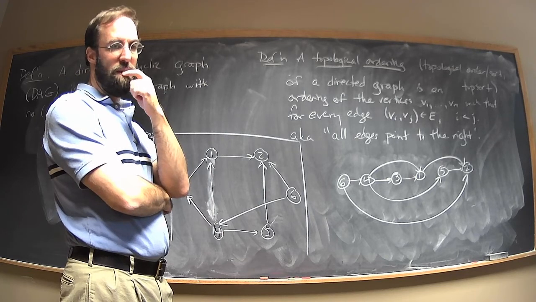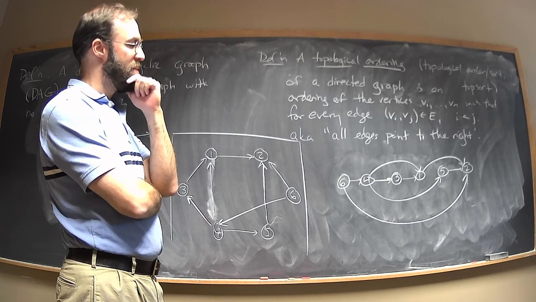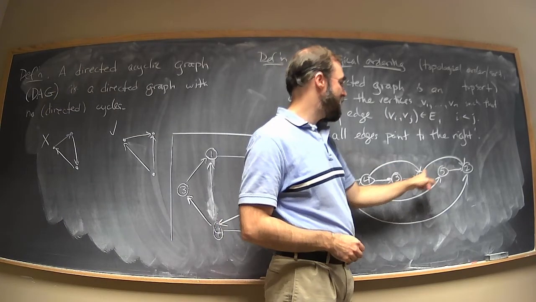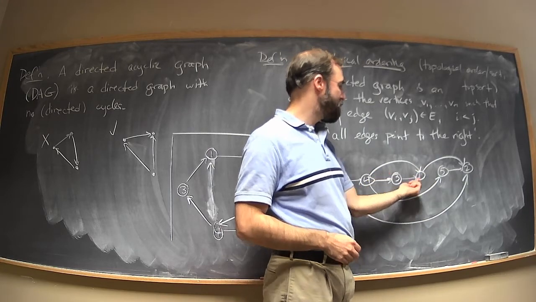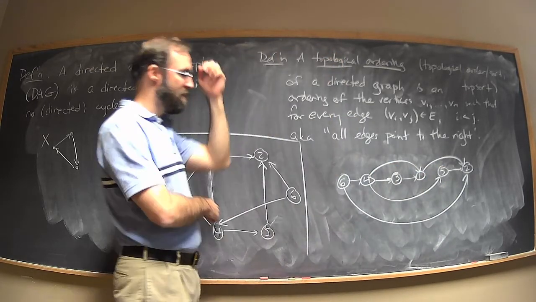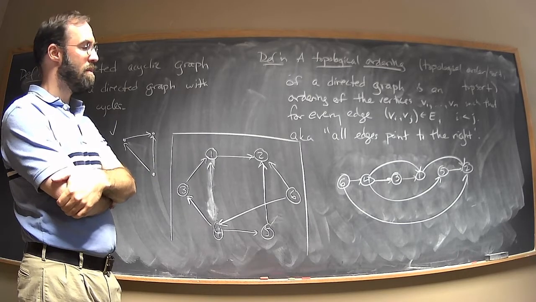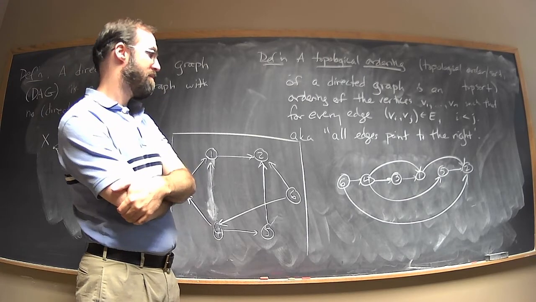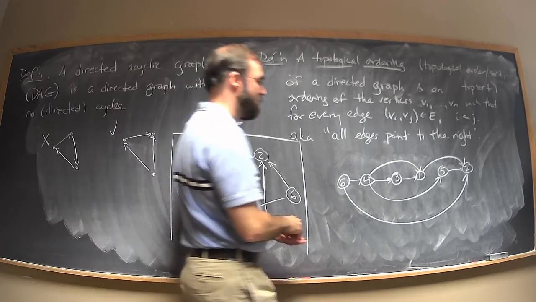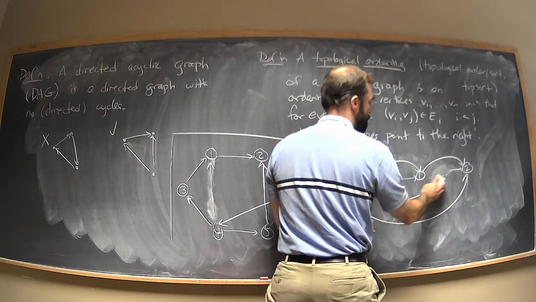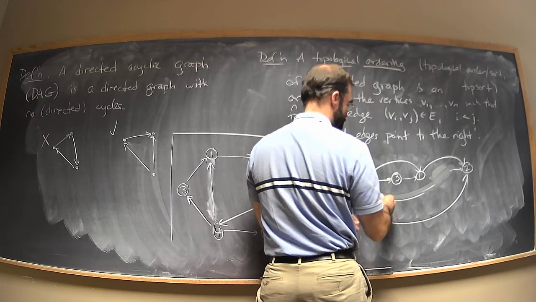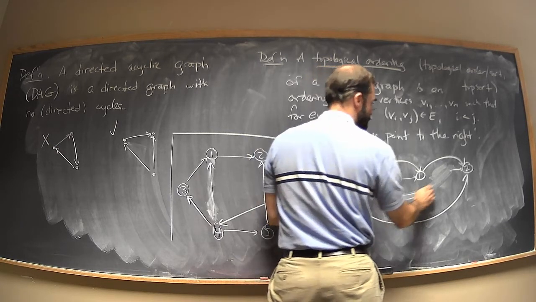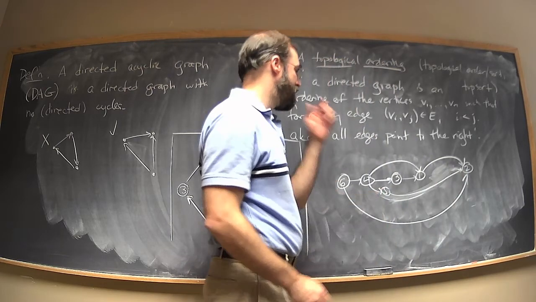Switch 5 and 3. That would, so 3 goes over here after 1, then 3 is going to have an edge to 1, so 3 has to come before 1. What if you just moved 5 in between 4 and 3? Move 5 in between 4 and 3. I'll just stick it in there.